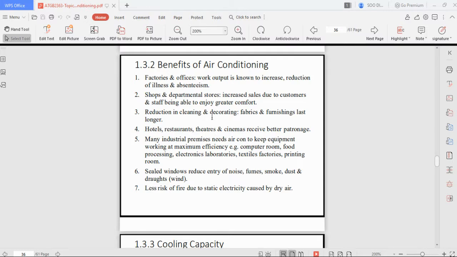When people are comfortable, they will feel healthy. If they are healthy, they will be able to work properly and efficiently, so output will be increased. There are a lot of benefits to installing it in different areas. If you want to have a comfortable area and have people stay longer in your area, then you install air conditioning.